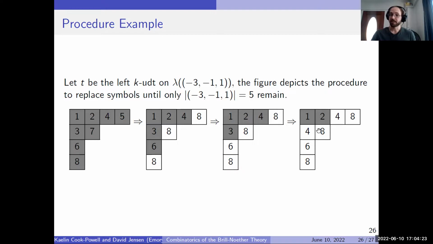I delete these inside corners and I replace that 3 with a 4. And then I would do this again, but deleting the 1 and the 2 isn't going to do anything. So we have replaced the symbols and we can count how many distinct symbols there are: 1, 2, 3, 4, 5, which is the magnitude of the splitting type.